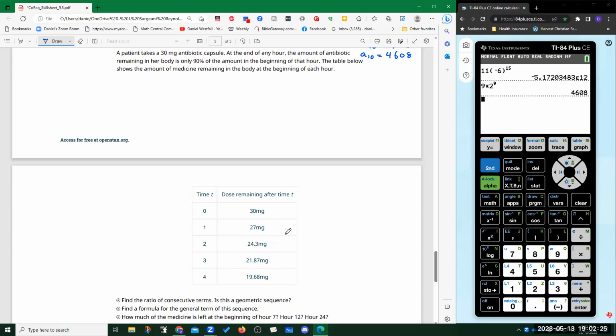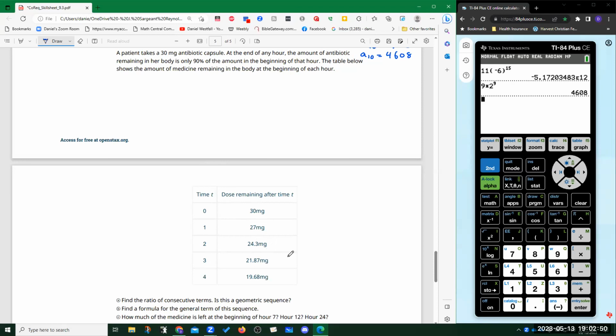So this is a better way to write it. They had written this as the beginning of each hour, and they had said 1, 2, 3, 4, and 5. It's a little more confusing than saying how many hours had passed, which is what I did. And I said 0 hours had passed initially, 1 hour had passed, 2 hours had passed, 3 hours had passed, 4 hours had passed.